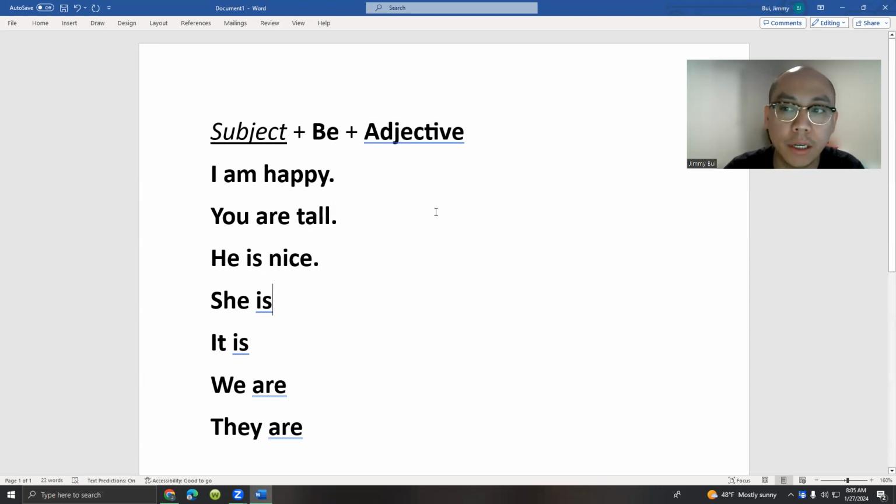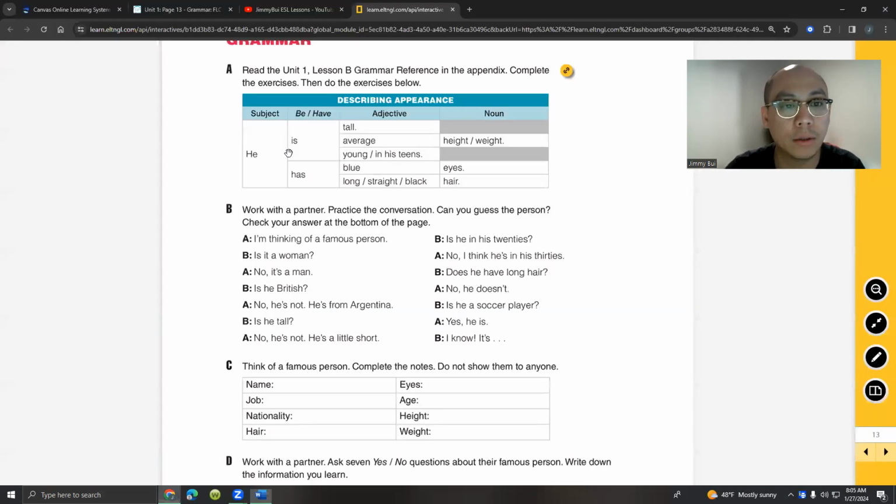With adjectives, a good way to tell if a word is an adjective is that there is no singular or plural form of the word. For myself, that helps me identify that the word is an adjective. I'll demonstrate in a little bit when we get to the other part with the verb have, and then you'll see that there is a noun here.